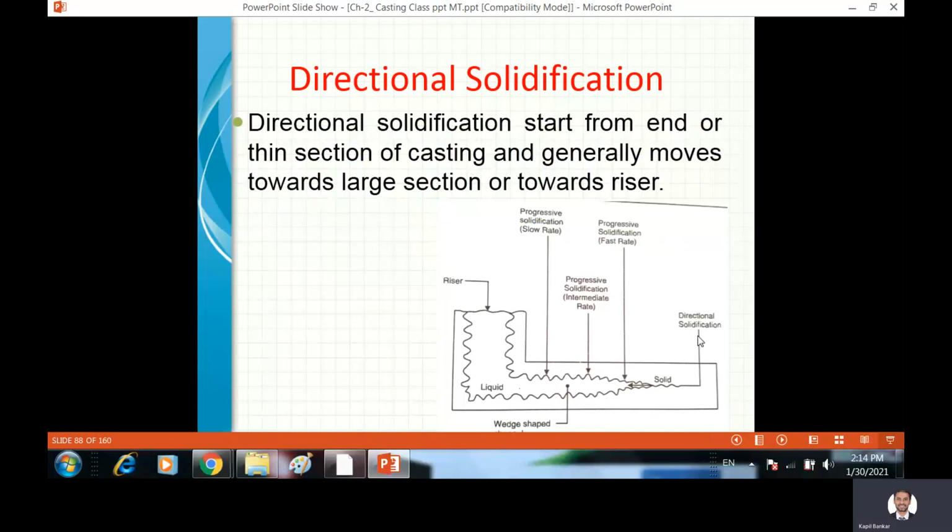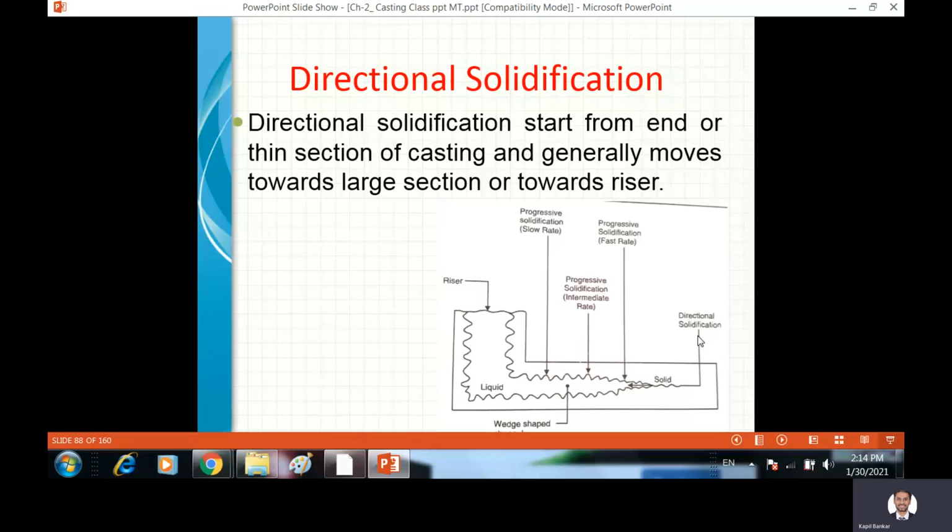Now, why are progressive and directional solidification required? Because any metal or alloy can solidify in two manners: directional solidification and progressive solidification. So you can control both these solidifications as per your requirement.